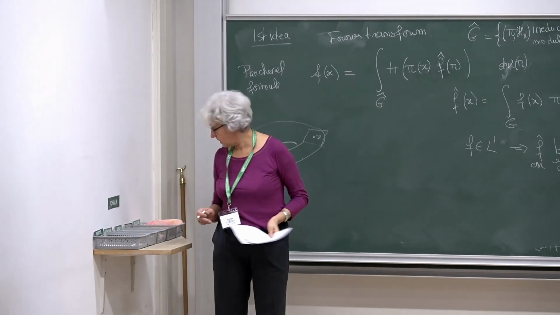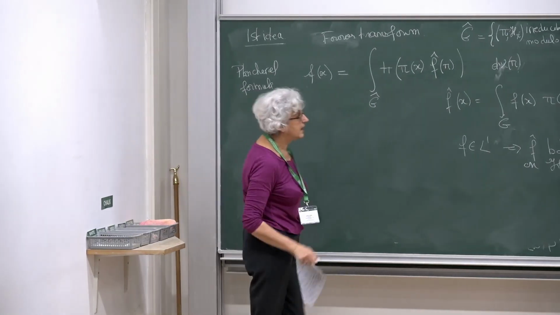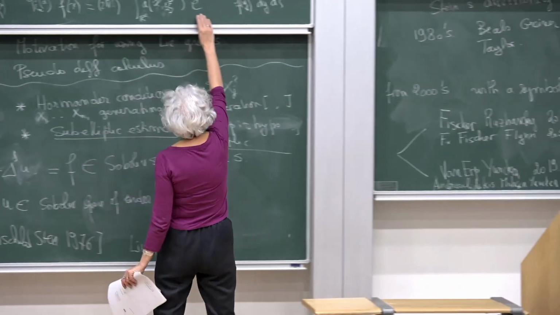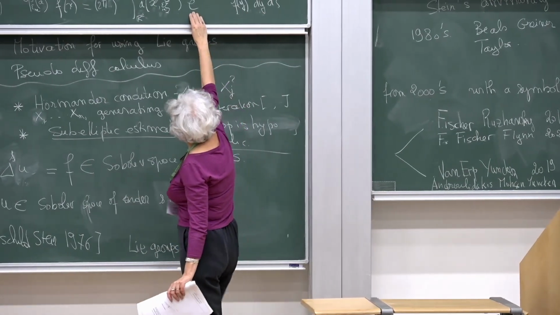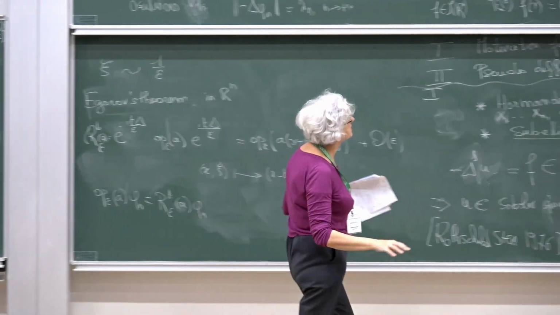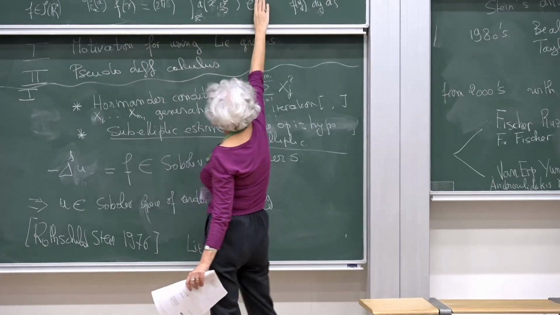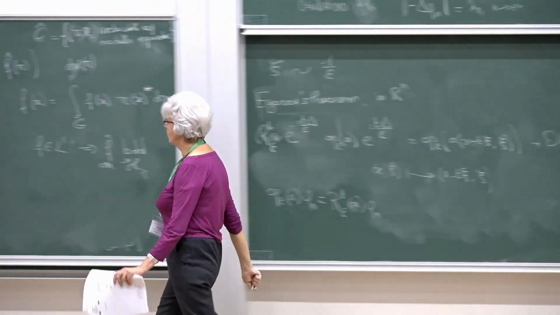Okay, so then it's quite natural to define operators like I did here, because here what I see is the Fourier transform of f. If my group was completely flat, it was R^n with the usual law, the Fourier transform is just exponential minus i x xi.